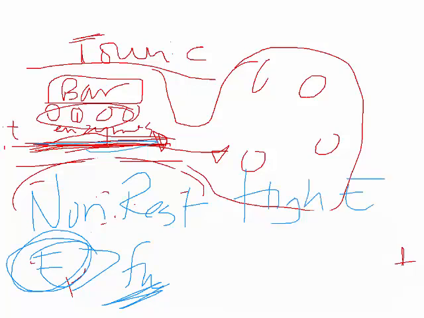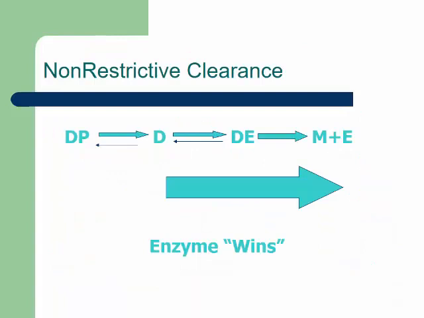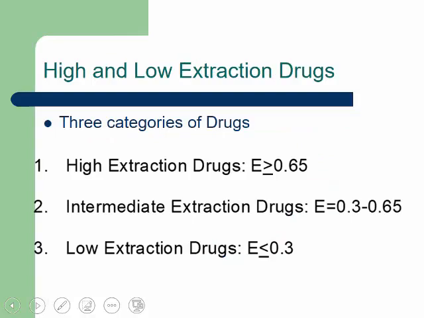Now when you walk by here, it doesn't matter whether you have an engagement ring on or some sign that you are taken. You are available for metabolism by these enzymes in any case. So that's my silly analogy between restrictive and non-restrictive clearance, and we're going to be applying that soon.